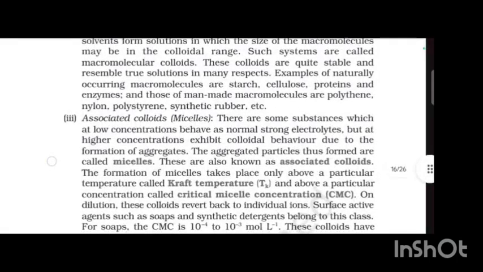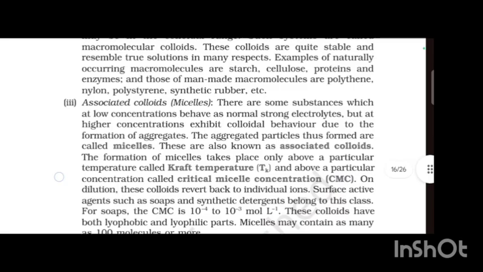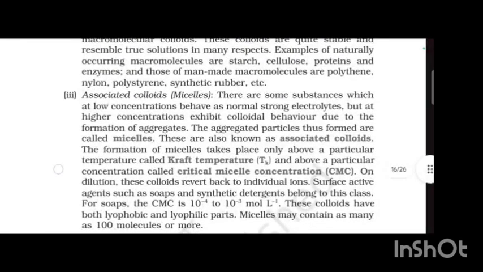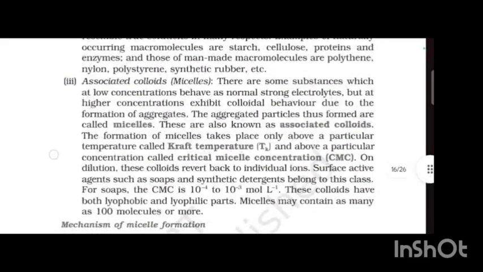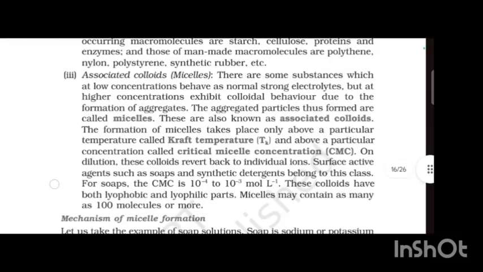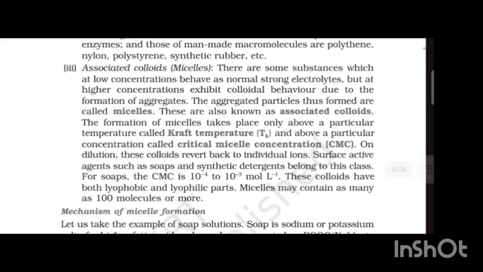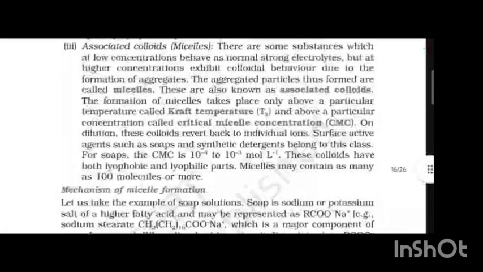Such systems are called macromolecular colloids. These colloids are quite stable and resemble true solutions in many respects. Examples of naturally occurring macromolecules are starch, cellulose, proteins, and enzymes, and those of man-made macromolecules are polythene, nylon, polystyrene, synthetic rubber, etc.